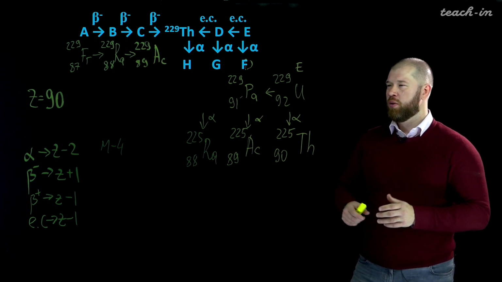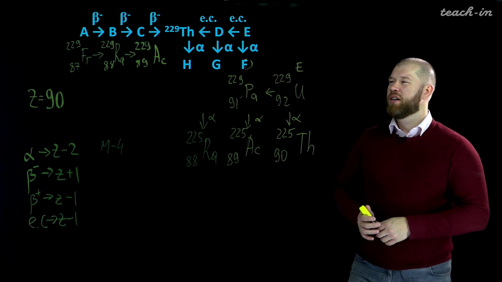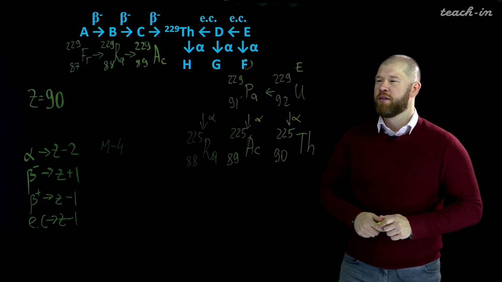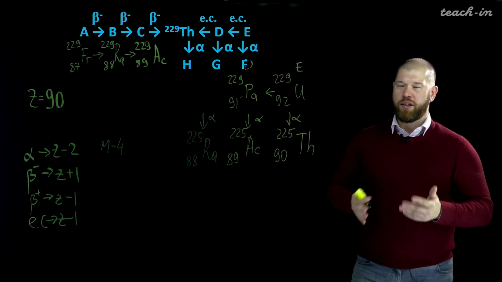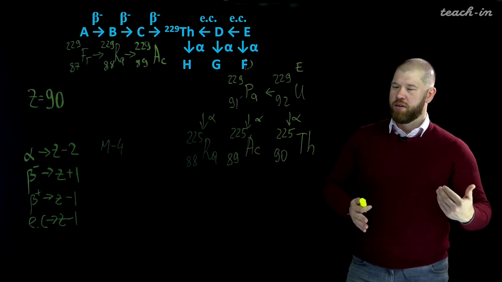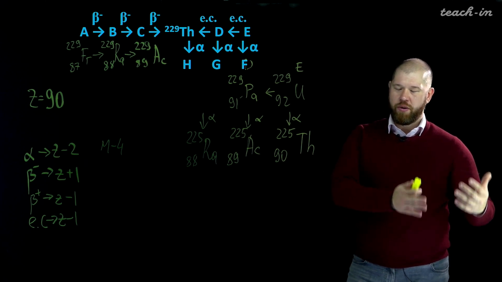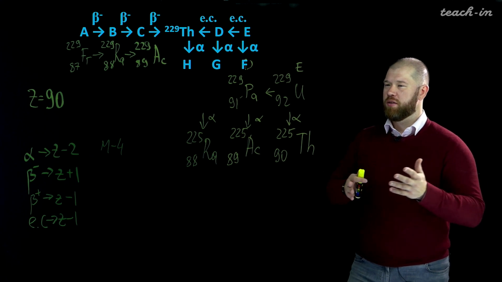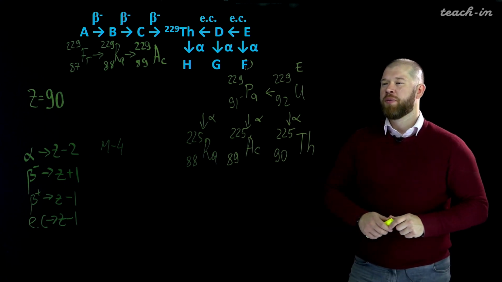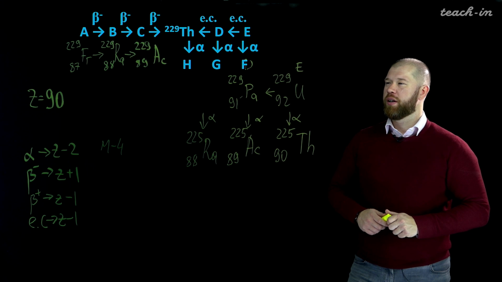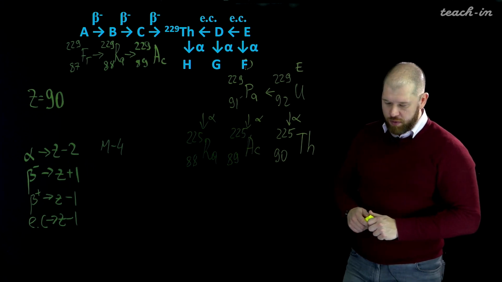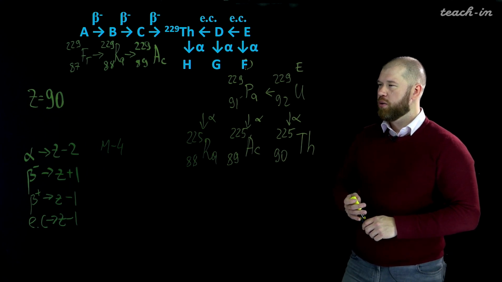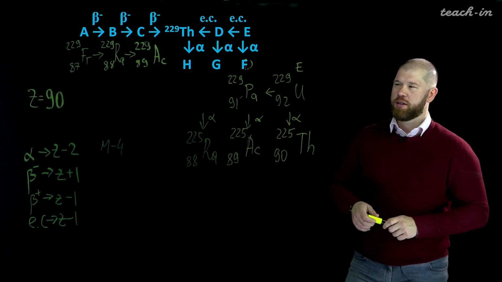Also, if we know the resulting radionuclide, like in this case thorium 229, and we know the type of the decay, we can understand what was the parental radionuclide, which decay resulted in our nuclide that we observe. Okay, so now we will go to the next task.